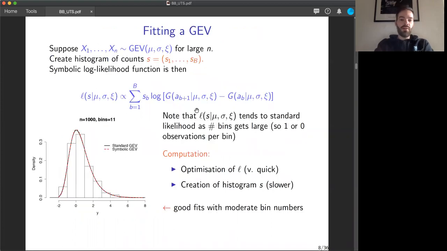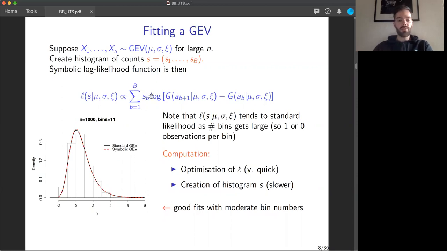So just as an example, if we want to fit the GEV distribution, we have x_1 up to x_n that are GEV distributed with location μ, a scale σ, and a shape ψ. I then create a histogram with big B bins. So we have univariate histograms. I have my log likelihood function for the symbol, that is the sum over the bins.